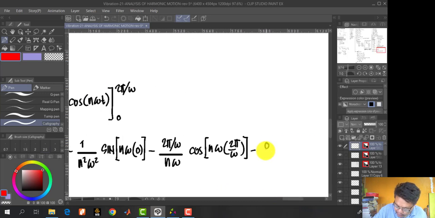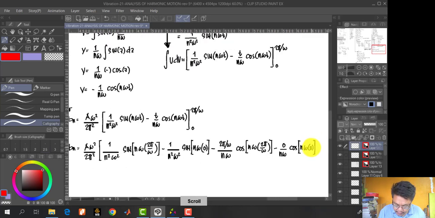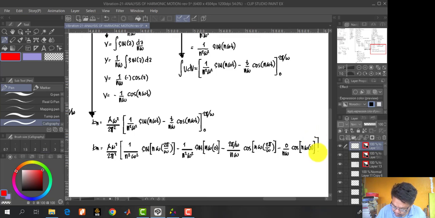So this will be 0 all over n angular velocity. This will be multiplied by your cosine, close bracket, n angular velocity is 0. Then we also close bracket the whole thing since this is multiplied.